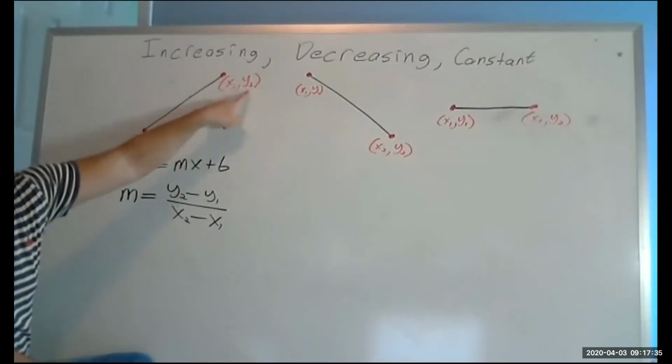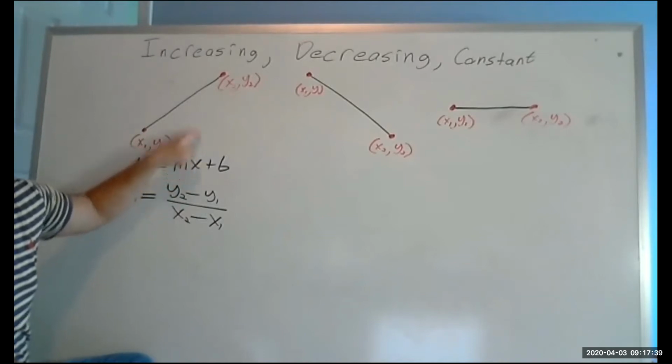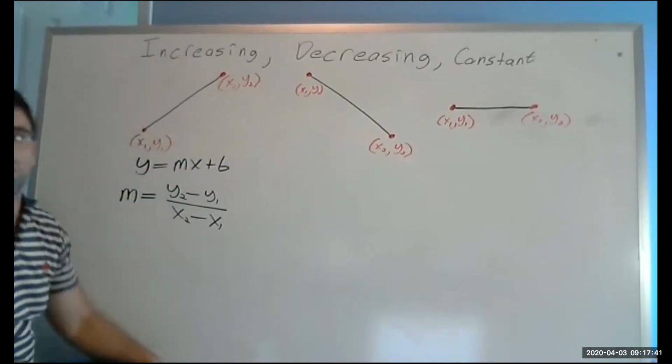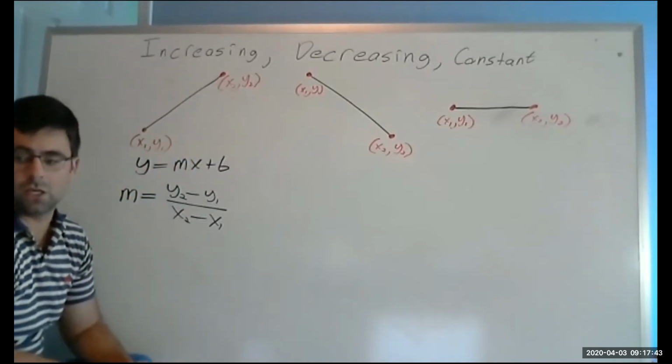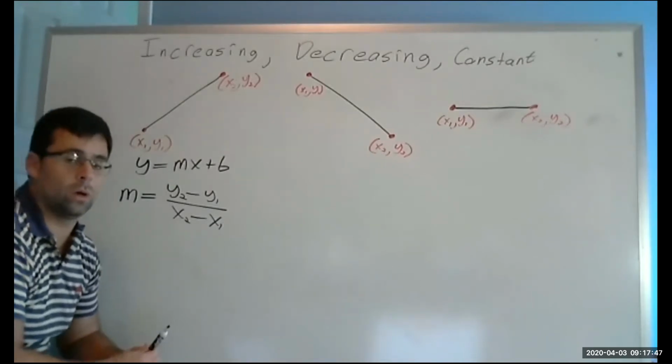Y2 is above y1, so you have to go up. What does that mean about the numbers y2 and y1?